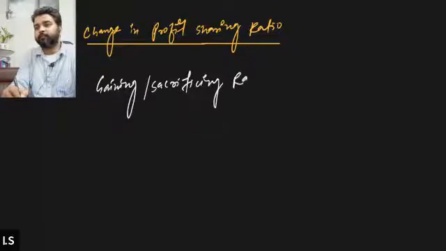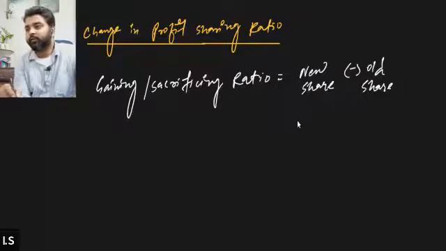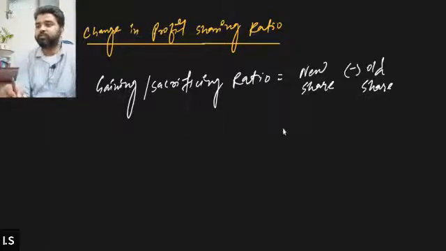Gaining or sacrificing equals the new profit sharing ratio, or the new share of the partner, minus the old share. You can also write this formula the opposite way: instead of subtracting the old share from the new share, you can do old share minus the new share. That will also give you the same answer.